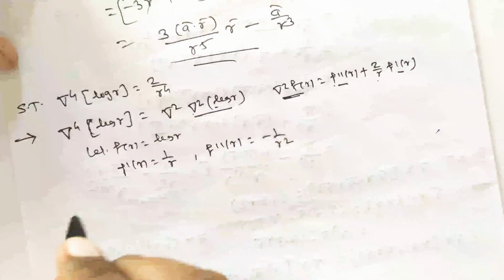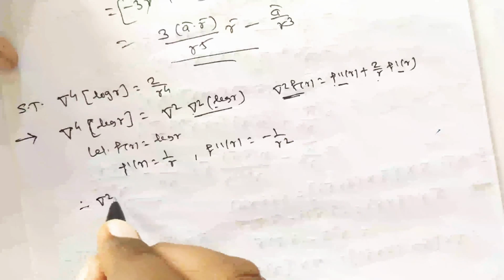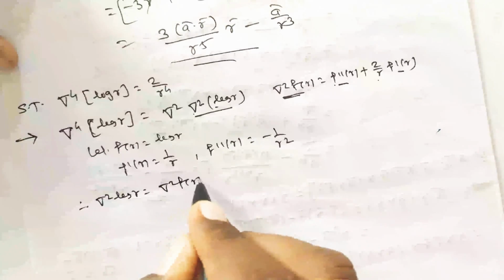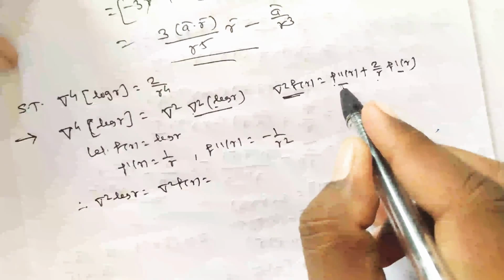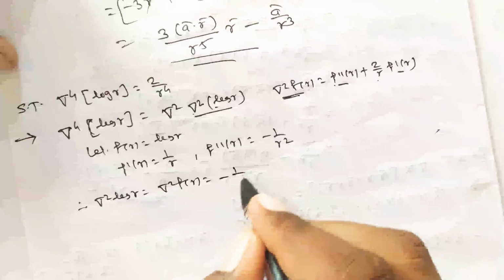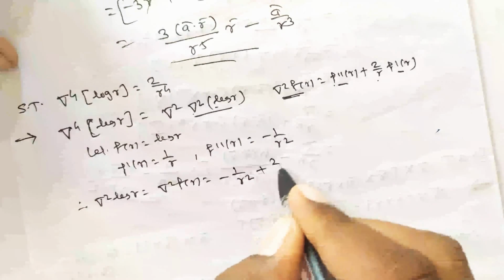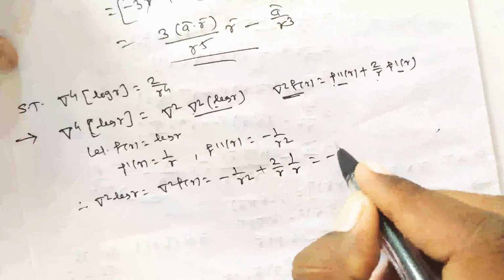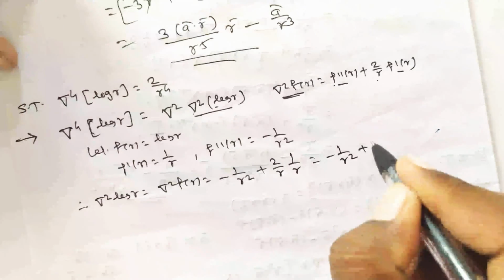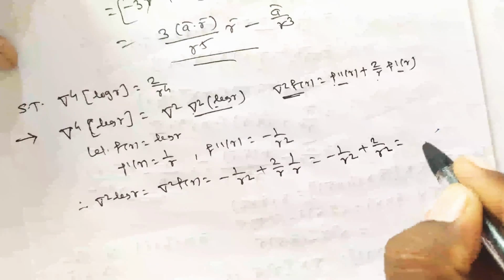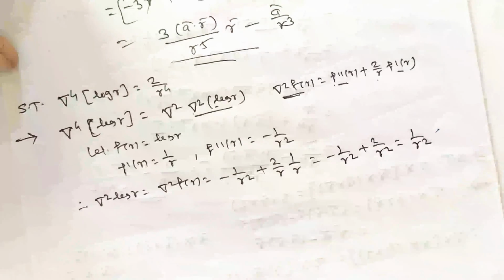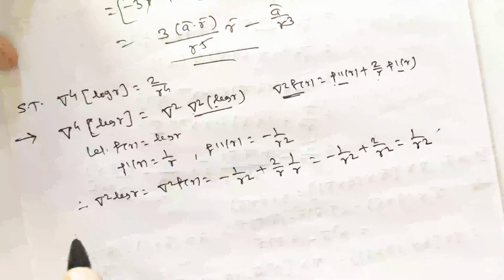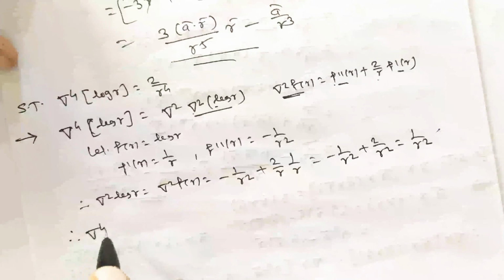And if we put here, then we will get del square of log r, that is del square of f of r, equal to the value of f double dash of r put first, that is minus 1 by r square, plus 2 by r into f dash of r, which is 1 by r. So this is equal to minus 1 by r square plus 2 by r square, which is equal to 1 upon r square.